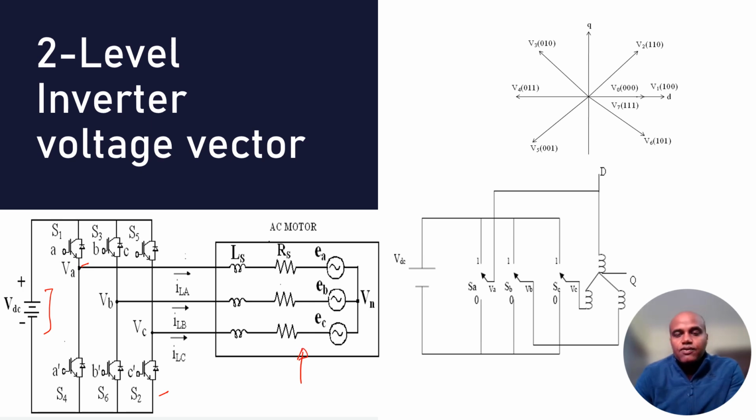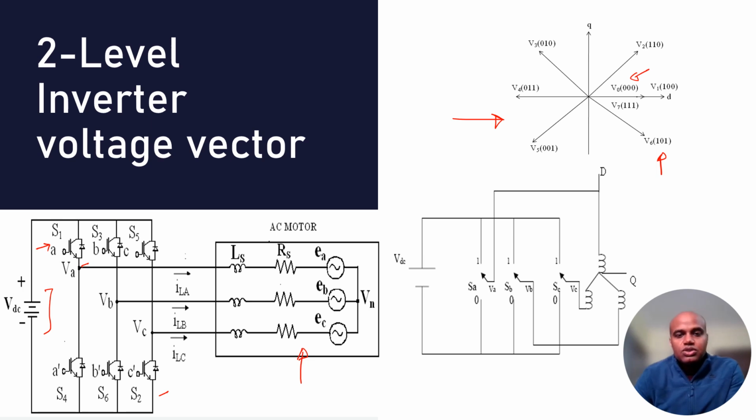For this inverter, the voltage vectors V1 to V6 are the six vectors we have, and the remaining two vectors are the zero vectors. All these vectors are generated through the switching of the inverter switches from S1 to S6.